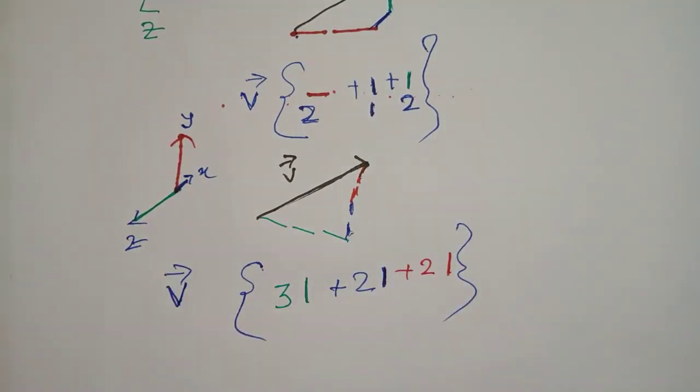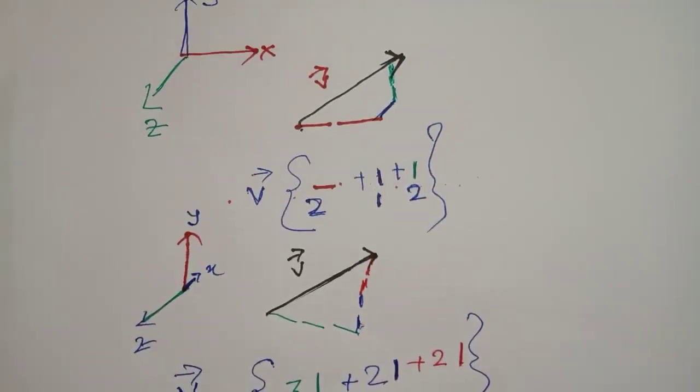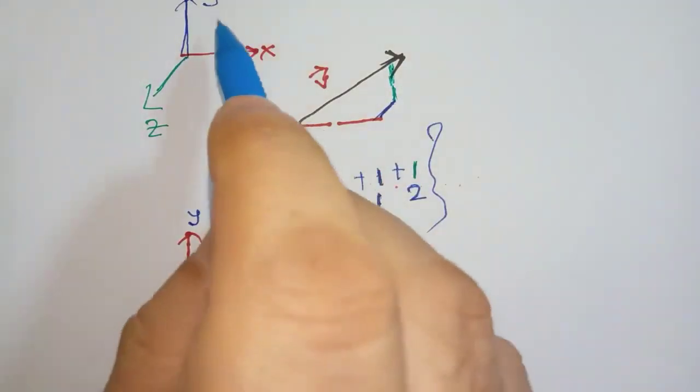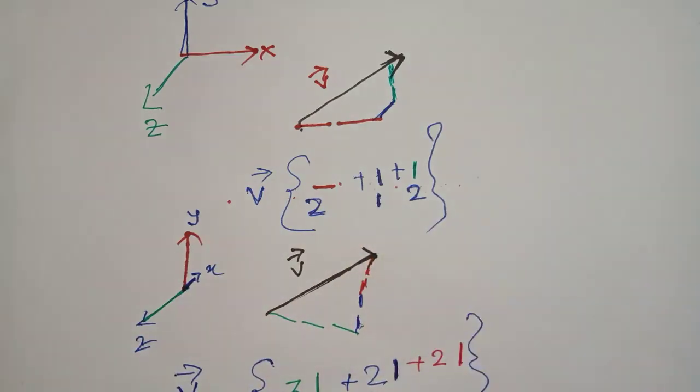So the basic essence of this exercise is that when the coordinates were in this way, x was this, y was this, z was this, we needed 2 plus 1 plus 2, right?